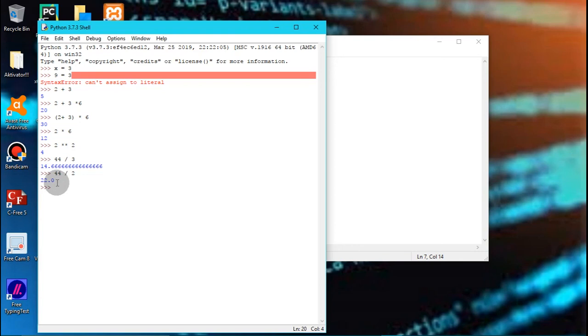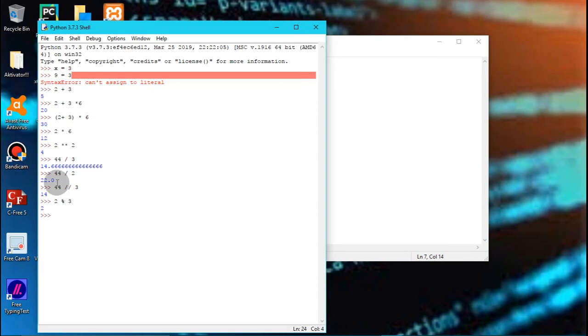And we have the floor division. Every division leads to a floating point number, and if you don't want that, you just make it a floor division. So I can just use my double slash and divide by 3. You see we got 14 instead of 14.666. And the modulus, which is the percentage sign.